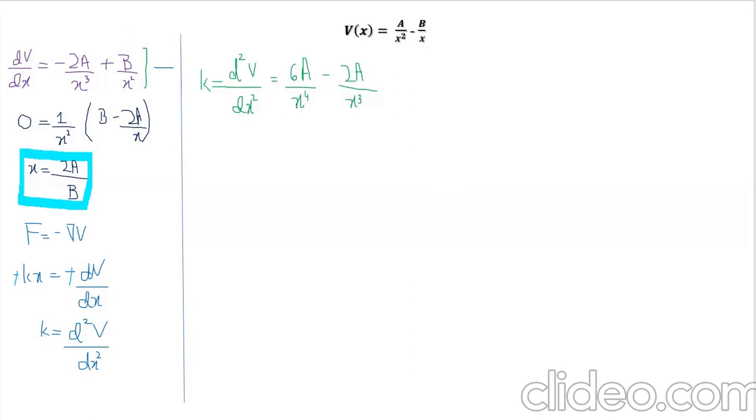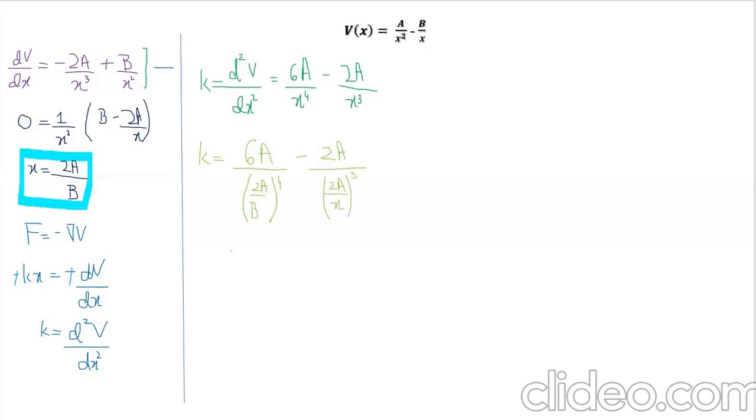Now we will just substitute the value of x which we have found into this expression to determine the value of k. So substitute the value of x here with me: k = 6a/(2a/b)⁴ − 2a/(2a/b)³.